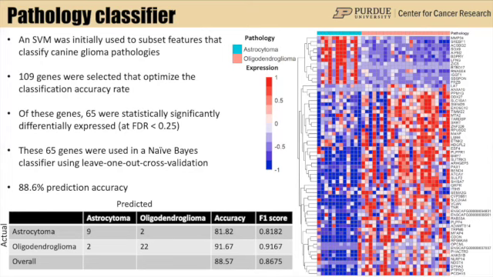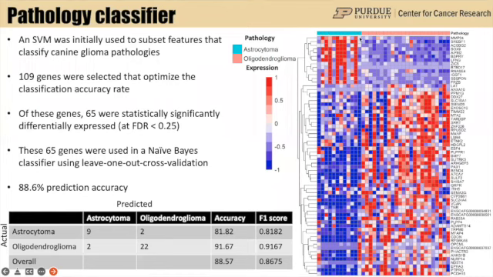And we achieved an 88.6% prediction accuracy, so we could somewhat accurately distinguish between astrocytomas and oligodendrogliomas using gene expression profiles alone from these 65 genes. And we have a pretty good F1 score as well of 0.8675.